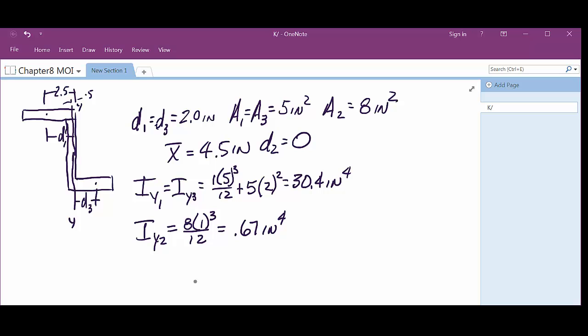It does make sense because our force is going this way now. It's parallel to the x-axis. We're doing the y, right? So the force is going parallel to that x-axis. So yeah, this can withstand more than this big piece that's going to want to bow, isn't it? This one is much stiffer.